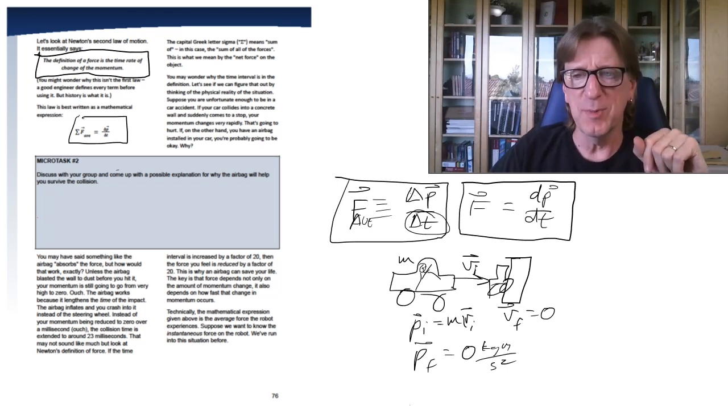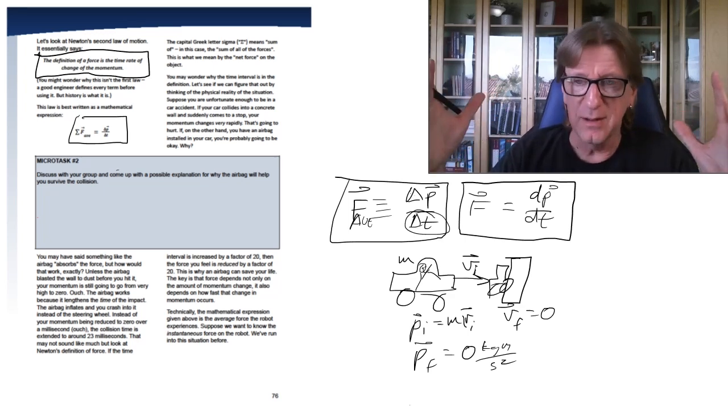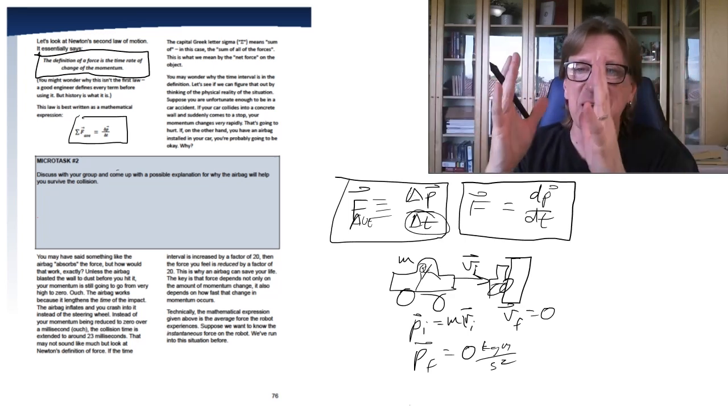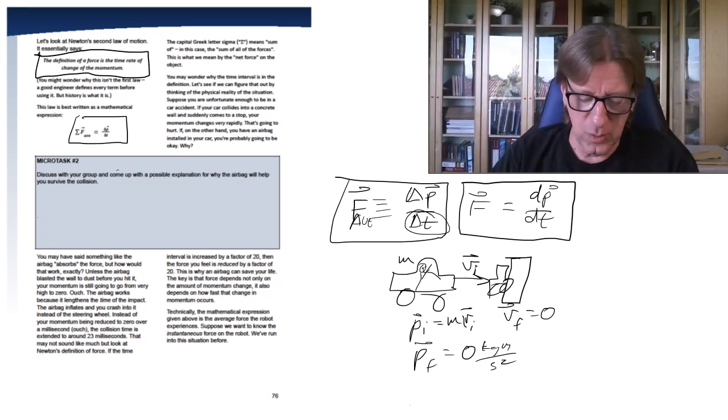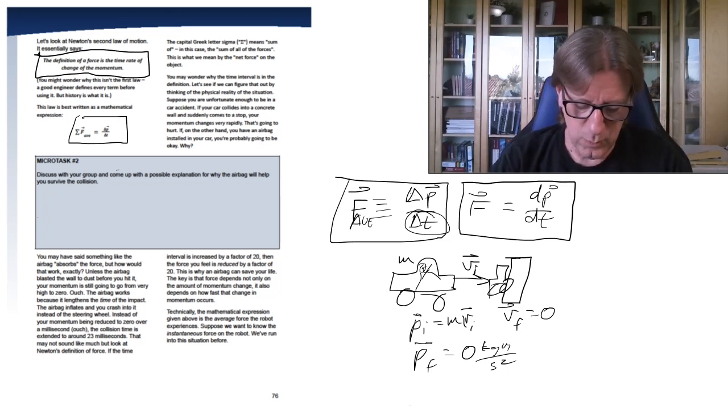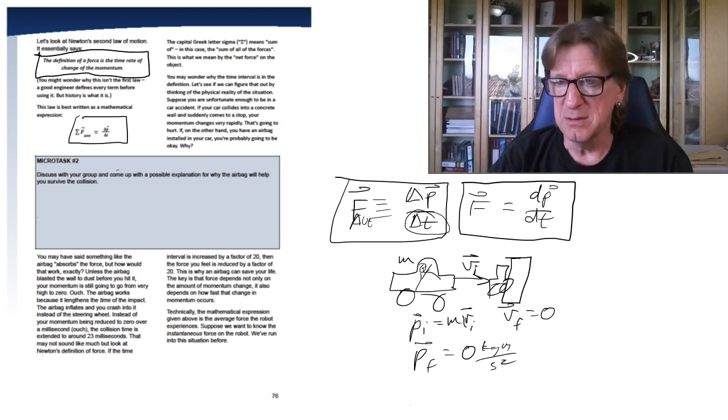So what's happening with the airbag? The airbag is extending that collision time. If you hit the wall, the collision time might be on the order of a millisecond. So without an airbag, you're going to hit in a millisecond, and that change in velocity happens over a very short time.